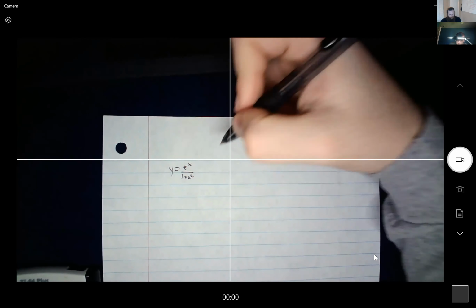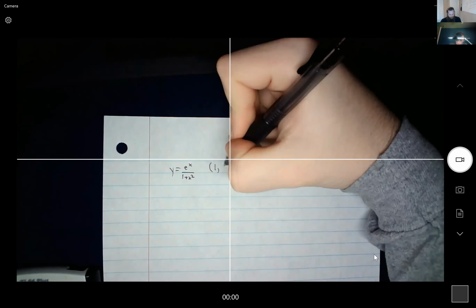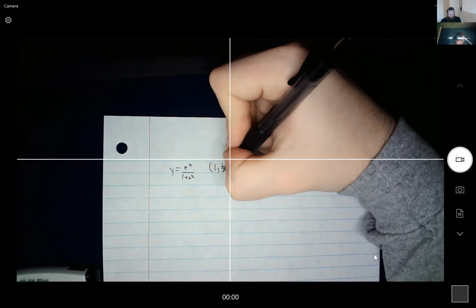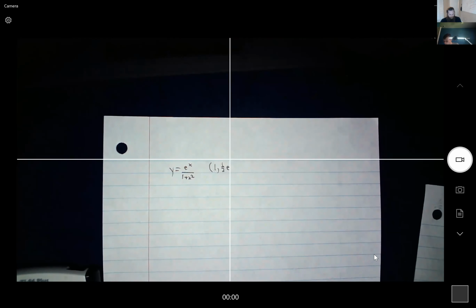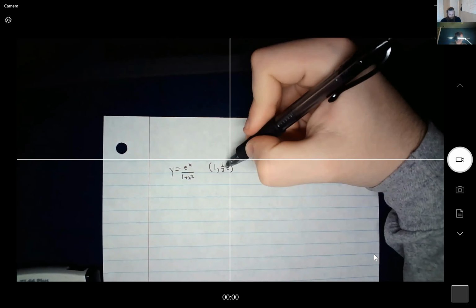So let's say that y equals e to the x over 1 plus x squared, and trying to find the slope of the tangent line at this point.